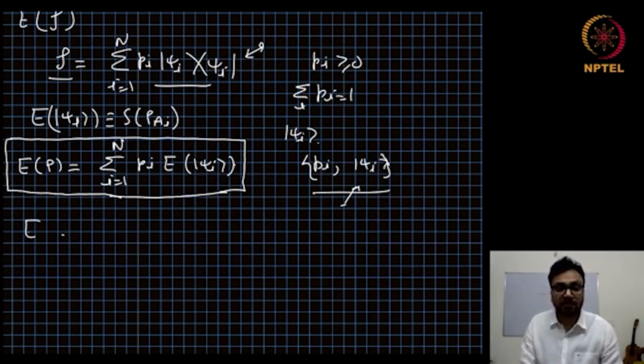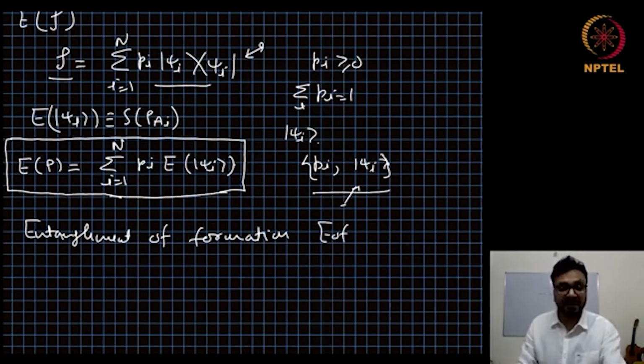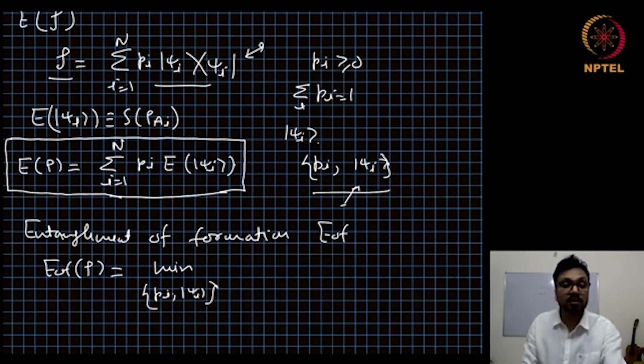So the entanglement of formation, or EOF, can be defined as the minimum of entanglement over the distribution pi, psi I, over all the preparation schemes pi, psi I for rho.